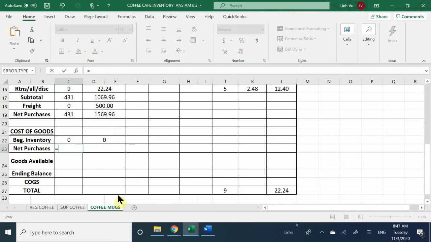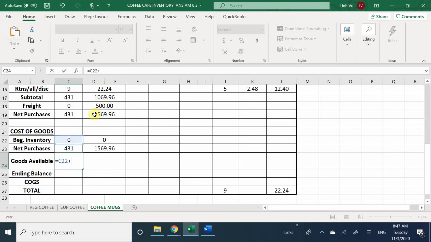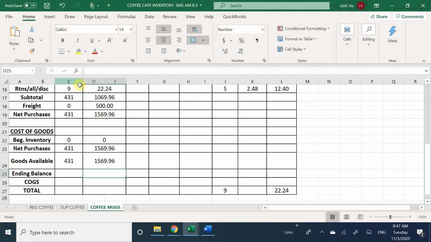Then we carry over our purchases from above, 431. Our total goods available is these two numbers added.